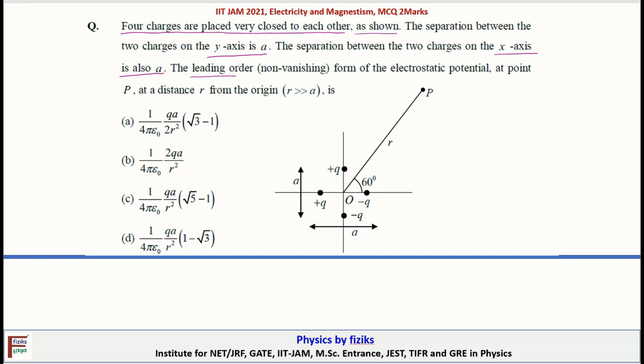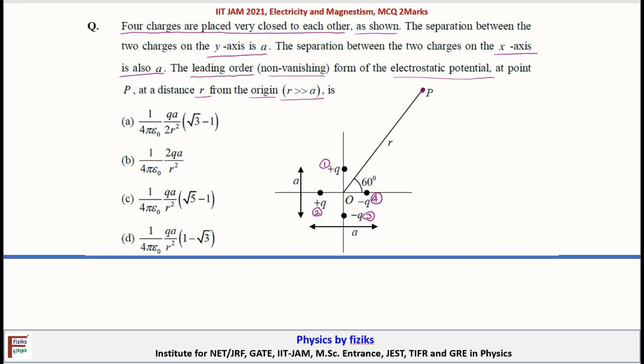We have to find the leading order non-vanishing form of the electrostatic potential at a point P at a distance small r from the origin, and this r is far greater than a. So let us assume this is the first charge, this is the second charge, this is the third charge, and this is the fourth charge.